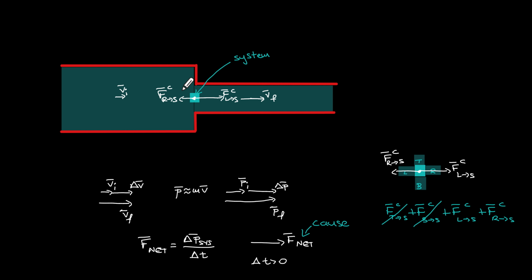As I said though, the net force is to the right, which is true: if you add this short arrow to the long arrow to the right, you do get a net force on my system pointing to the right, which is why the fluid is speeding up.